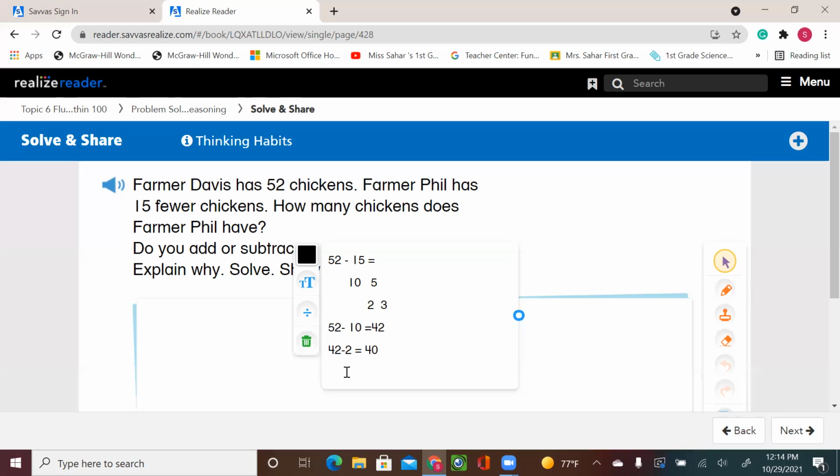So now I have 40 minus 3 equals, I know that's easy, 37. So that means Farmer Phil has 37 chickens.